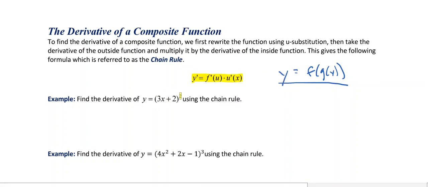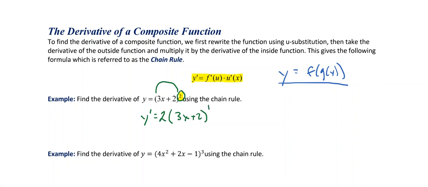We take the exponent and bring it down. y prime is, bring the 2 down in front. So we have 2. Then write what is in the parentheses, the inside function, and then reduce this power by 1. So that would be just to the first power.